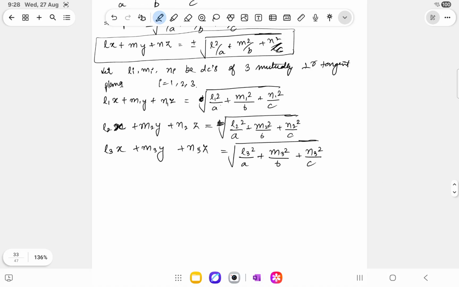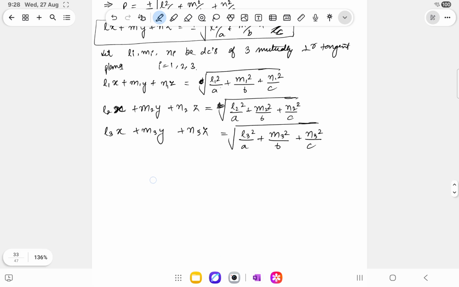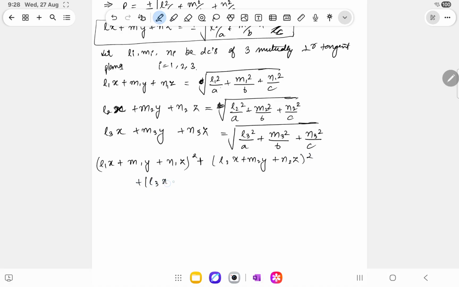So if I take the square of all 3 and just add them, I'll get l1x plus m1y plus n1z whole square, plus l2x plus m2y plus n2z whole square, plus l3x plus m3y plus n3z whole square.